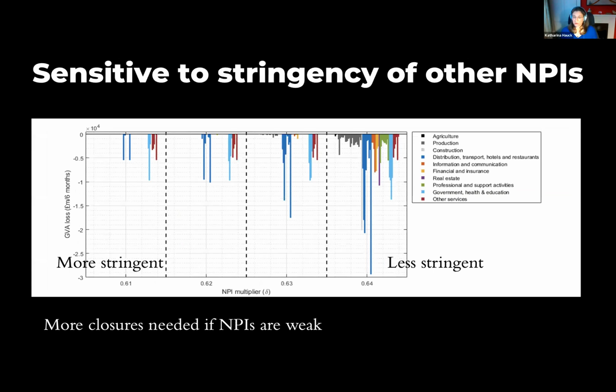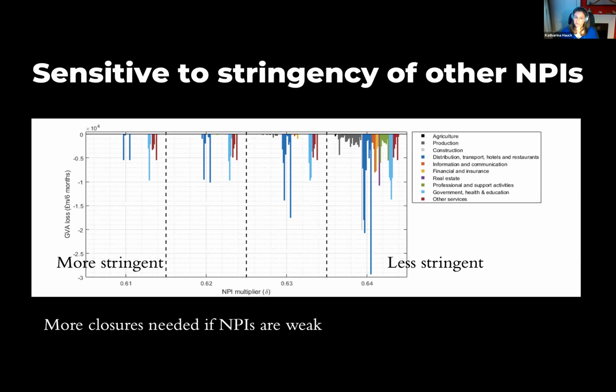Now we had the problem of needing to model the stringency of adherence to the NPIs. So how many people would adhere to social distancing or quarantining advice, how much they would wear face masks. And we implemented this with a multiplier on our effective reproductive number. You can see that the assumptions we make on this are quite impactful for our findings.